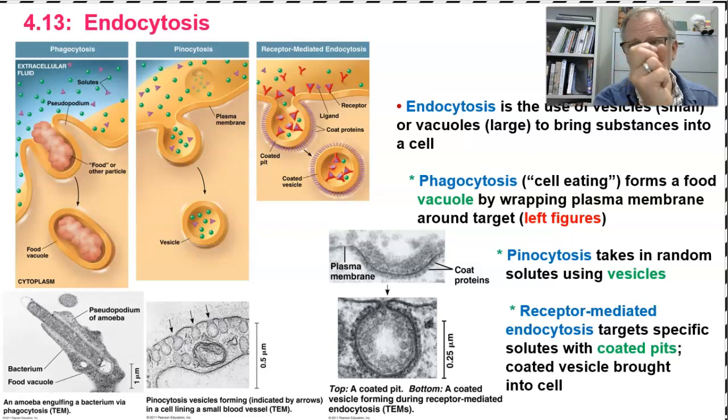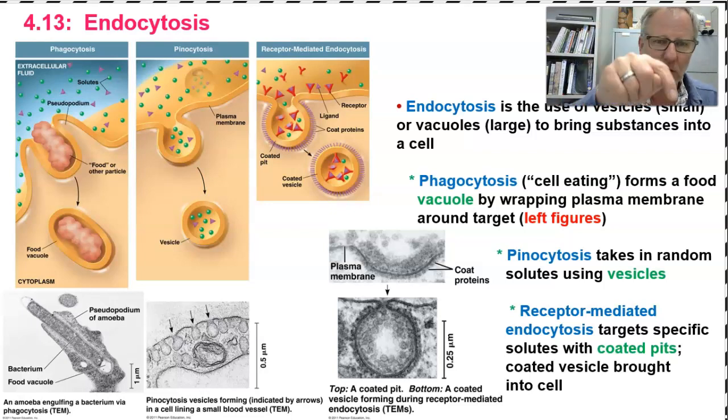And then those little bubbles pinch off inside the cell, and those are vesicles. And so those vesicles are just like gulping or drinking in whatever solutes, whatever materials are outside the cell. Pinocytosis, forming vesicles to bring substances in.